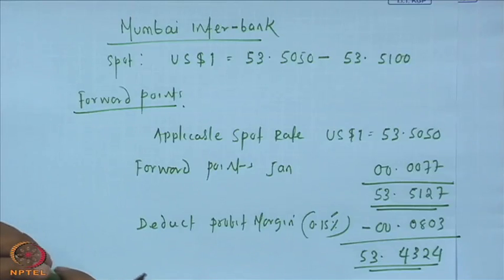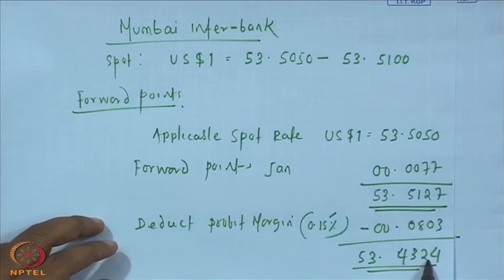This is a forward purchase contract for the exporter. If the exporter signs a contract with the authorized dealer for the conversion of dollar into rupee during the month of January, the authorized dealer will quote a forward purchase contract rate of 53.4324.